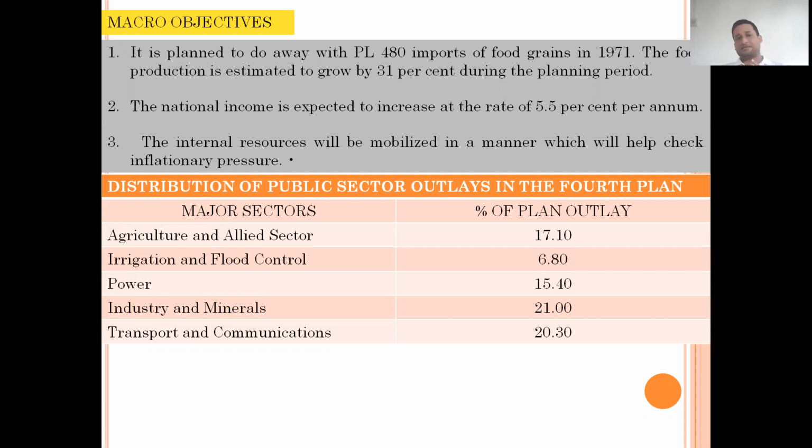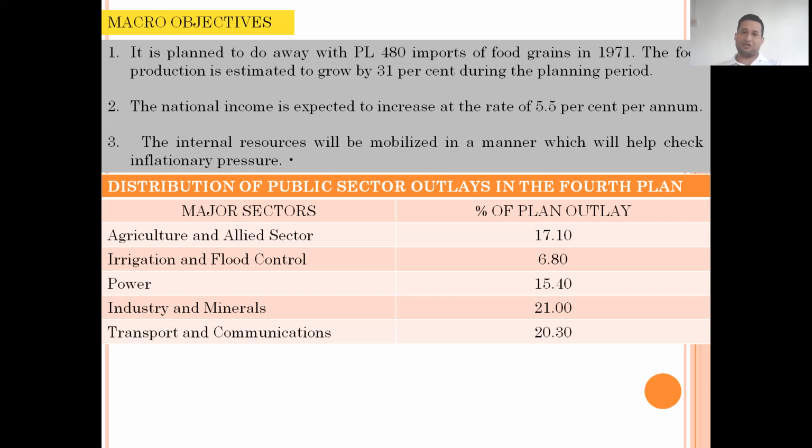Next, the distribution of public sector outlays in the fourth plan. These were the leading sectors where emphasis was given by the Planning Commission: agriculture and industry, irrigation and food, flood control, power, industry and minerals, transport and communications. These sectors were given top priority at that time to generate overall development of the economy.